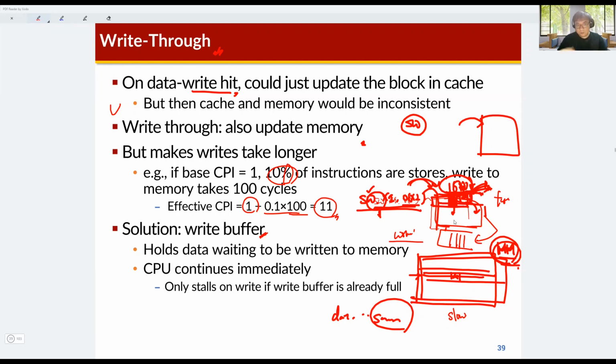Once the write request is stored in the write buffer, the cache can do other operations. The processor does not need to wait until the write operation is done in the main memory. Every write request is stored in the write buffer, and then the cache can do other requests. So this is the write buffer.